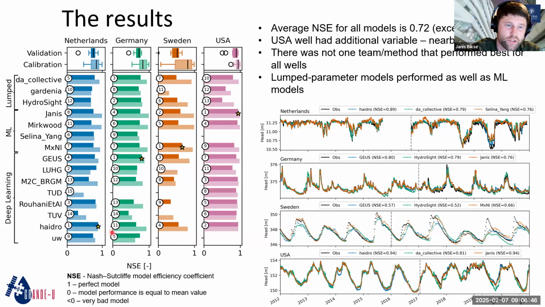For each well, there are different winners. And for example, I was the winner for predicting groundwater level in the United States. So quite interesting that I was more successful in the States than in European wells.